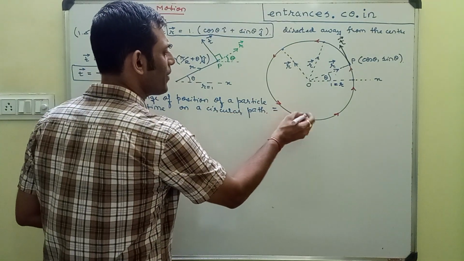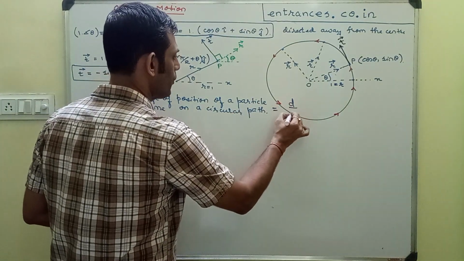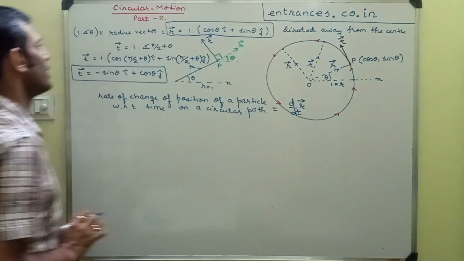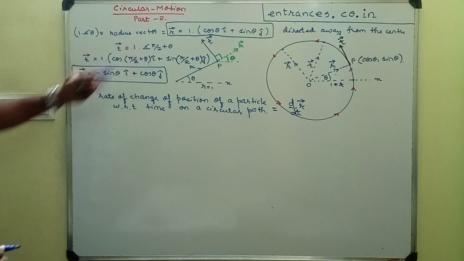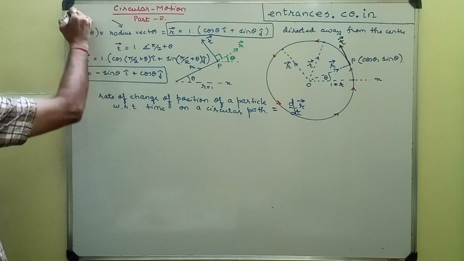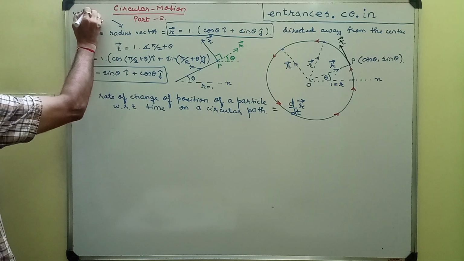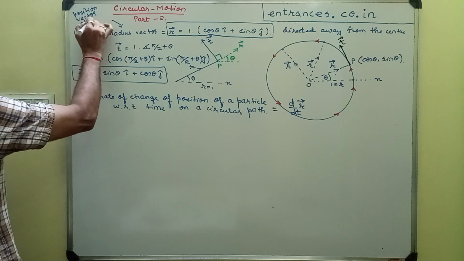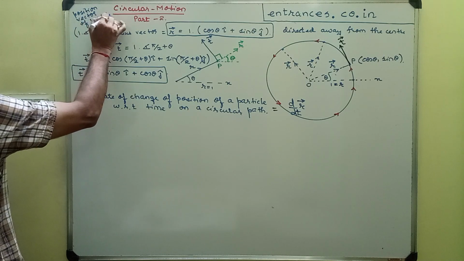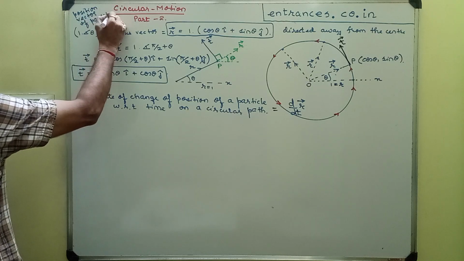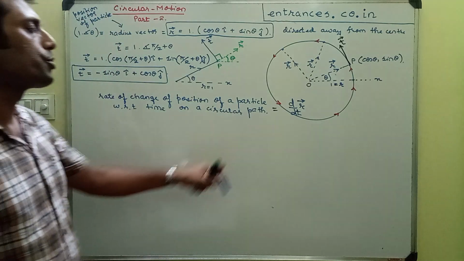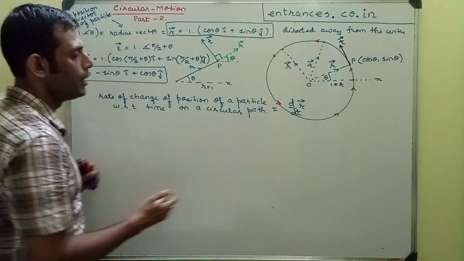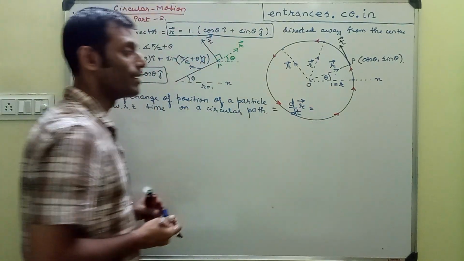The basic definition of this would be the rate of change with respect to time of the position of the particle. As I told you, the radius vector can also be defined as the position vector of the particle at a given instant of time. So if this is the position vector, that position vector is changing with respect to time. Now how will we define dr by dt?